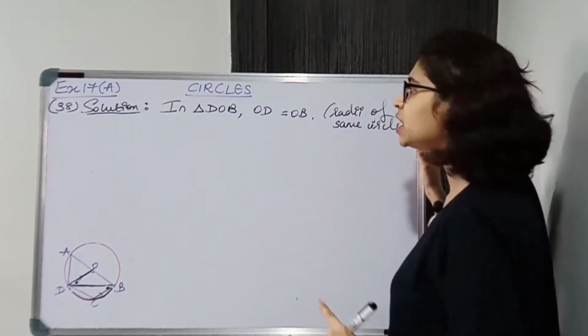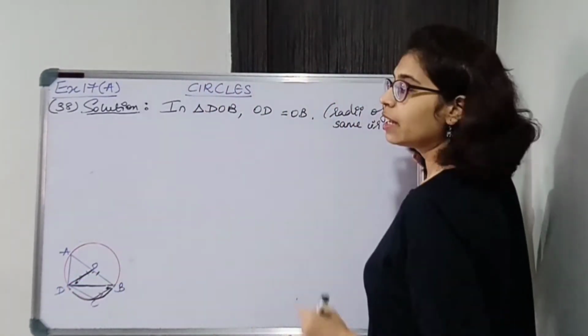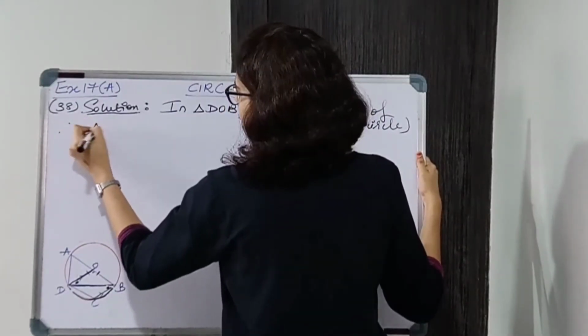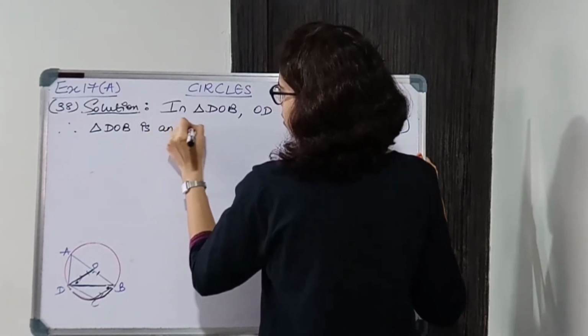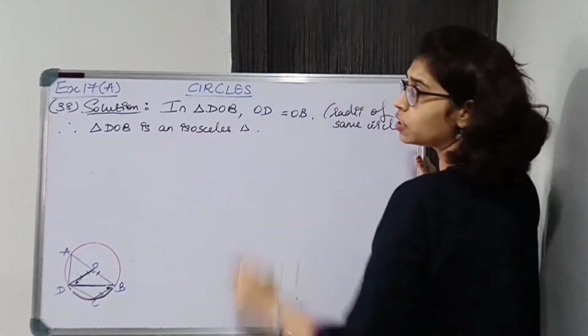You have to give a reason. So these two are equal. Therefore, triangle DOB is an isosceles triangle. Write down the full word.